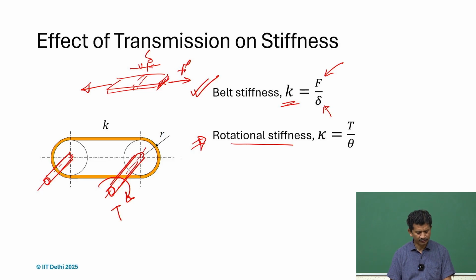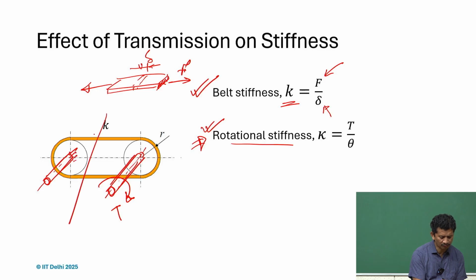What happens if we try to find the equivalent stiffness, or talk about the rotational stiffness, and how is it related? We can simply fix this part, cut it and fix it, and try to apply a load. What happens here?